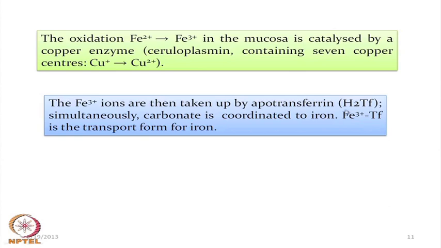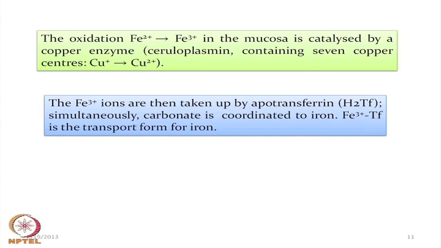So, when this big macromolecular ligand system goes for iron binding, we find that apotransferrin after coordination of ferric ion gives rise to the transferrin molecule, but that binding is not so easy because one carbonate anion is required for the coordination of iron to give us the corresponding ferric transferrin molecule in the transport system which is required for iron transport.